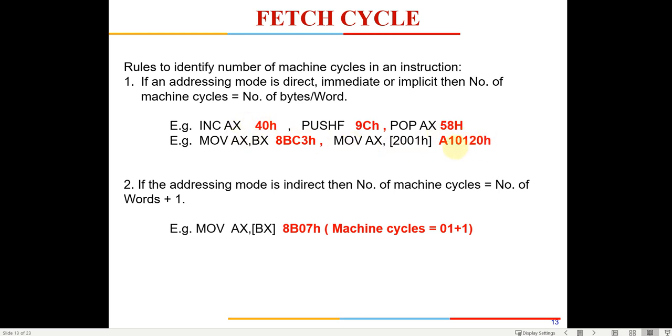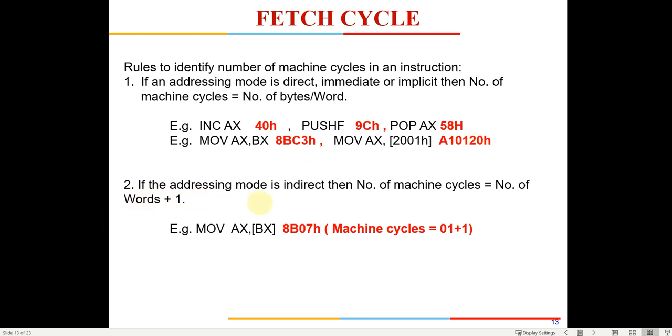Once it brings this data 2001, the physical address will be generated and kept ready for the execution cycle, because 2001 is a direct physical address. Since there are 3 bytes, it will take 2 machine cycles here.